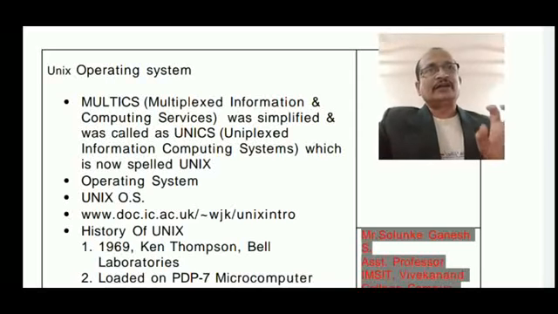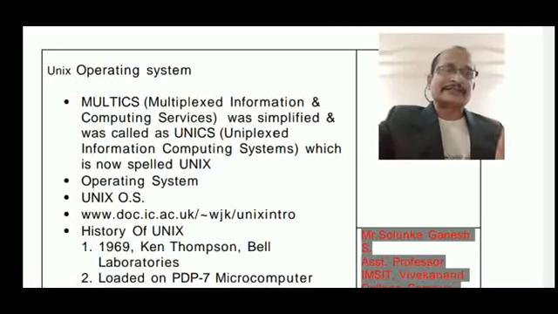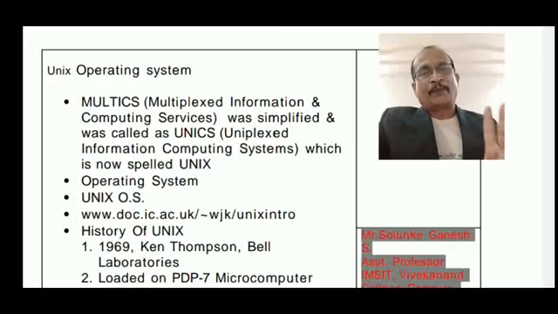When we see the definition, we also want to see the various types of operating systems. The various types are single user operating system and multi-user operating system. These are the two types of operating system.